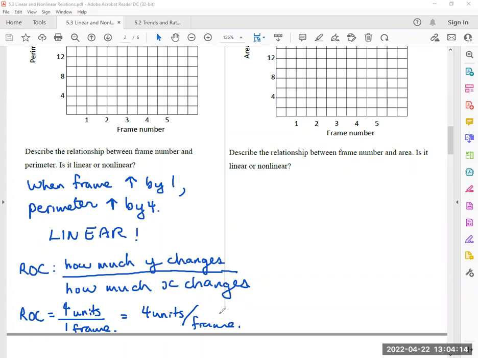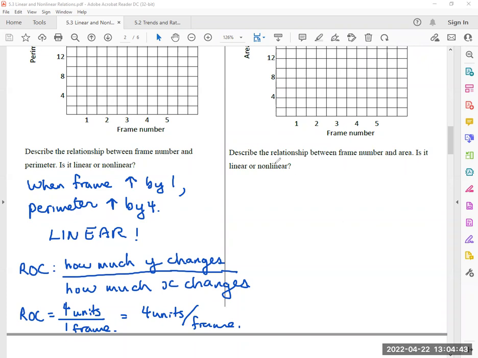What's the difference between the rate of change and the slope? Nothing. That's exactly what it is. But rate of change, it's in the context of a story, like frames and area and perimeter. Slope is the most basic mathematical definition. Here's a number that's going up and up and up, or down, down, down. It looks like a hill, let's call it a slope. Like, that's it. But they're one and the same.